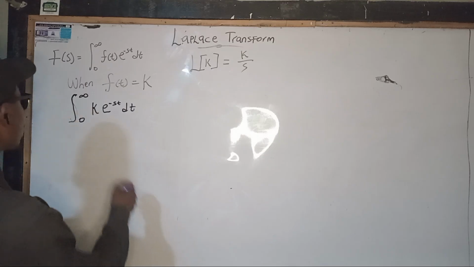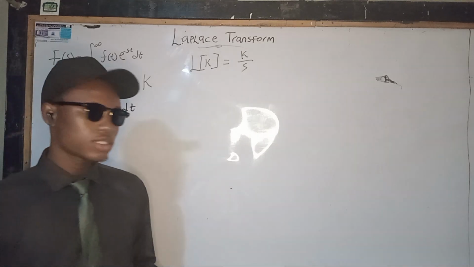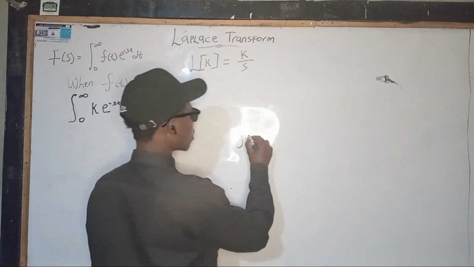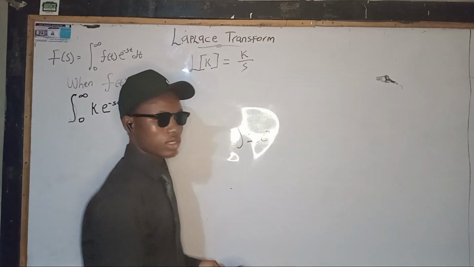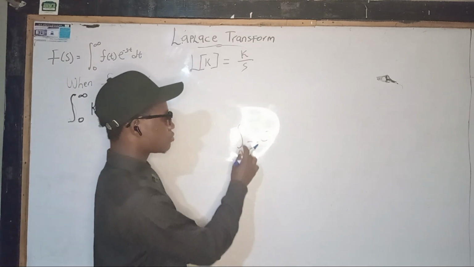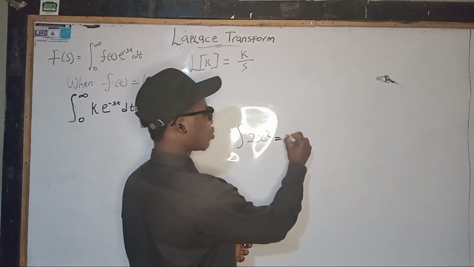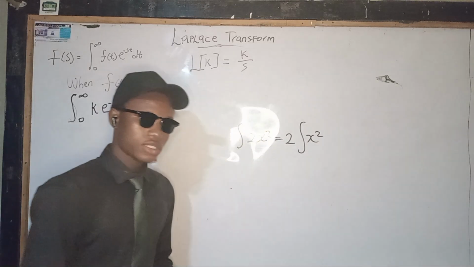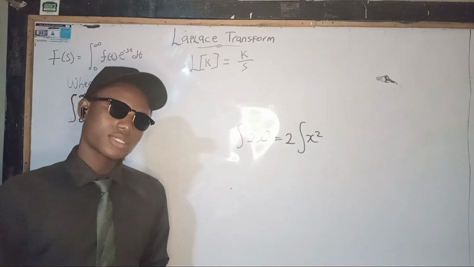Now we know that in basic integration, let's say we have to find the integration of something like 2x squared. It is easy for us to say that we can bring the 2 outside and it becomes 2 times the integration of x squared. Either way, it is going to give us the exact same thing.